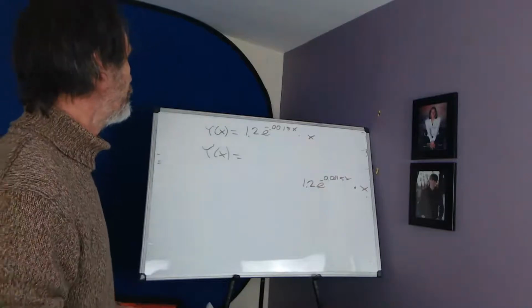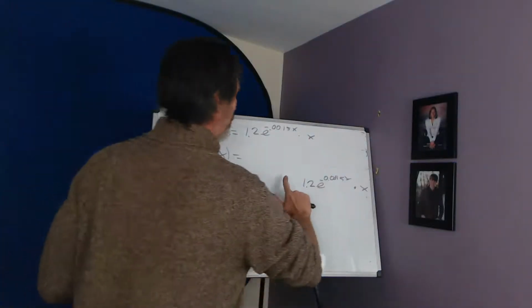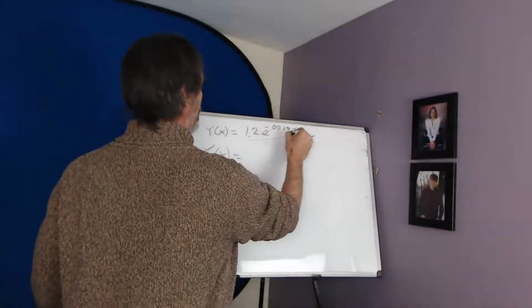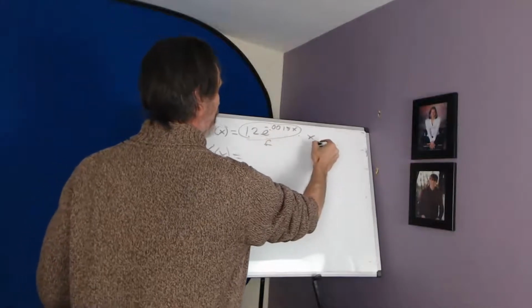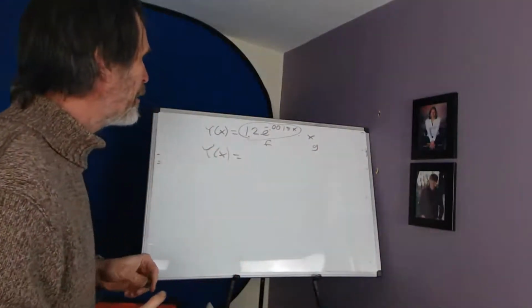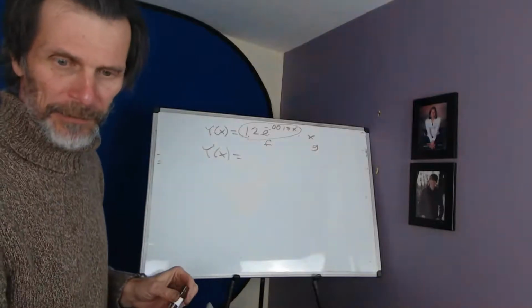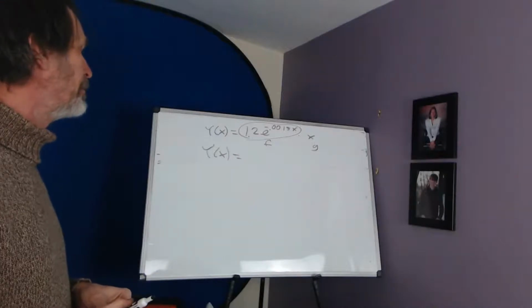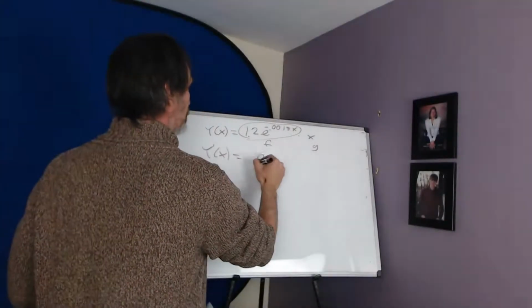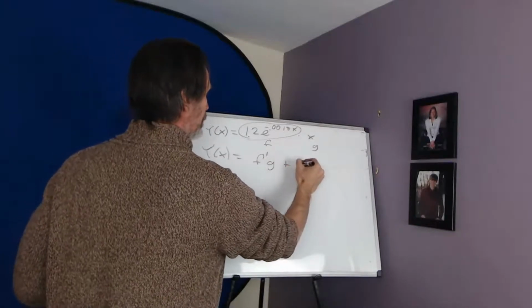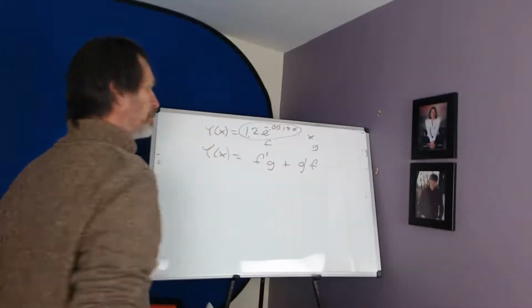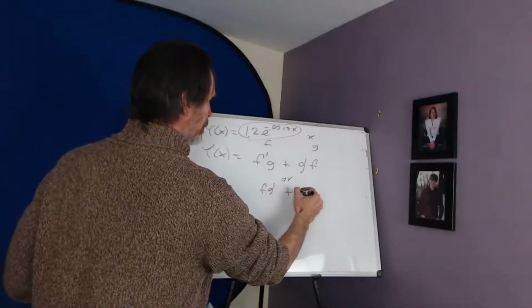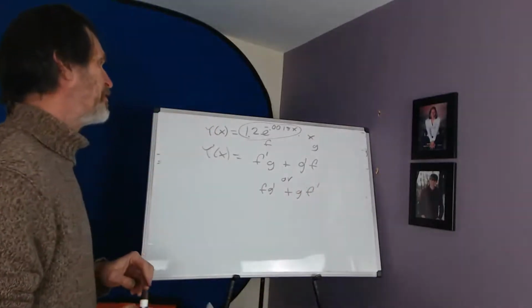Product rule it is. Two functions of x multiplied together. So let's see if we can carry out product rule. Let's see, we can call that f, that g. What will the product rule yield? It doesn't matter which way you do it.